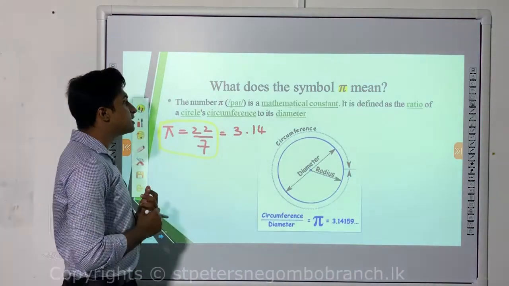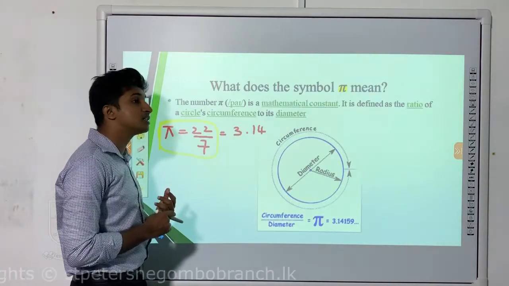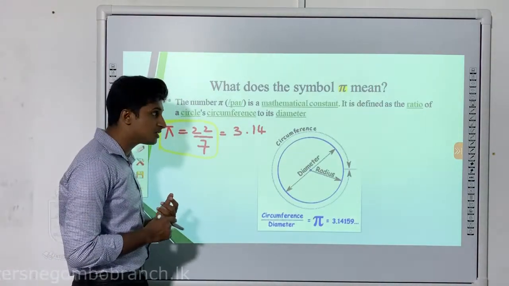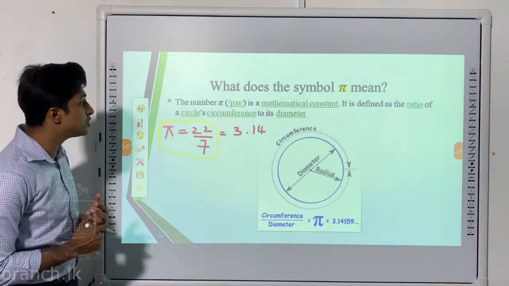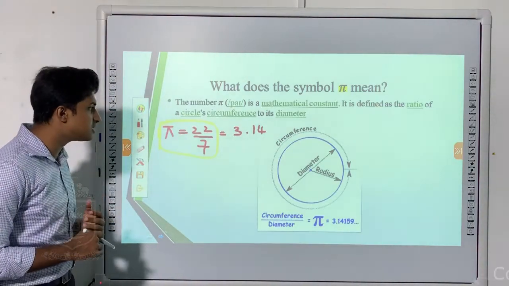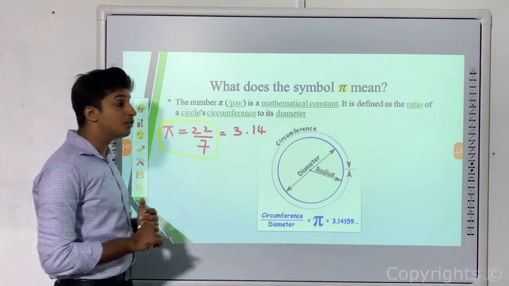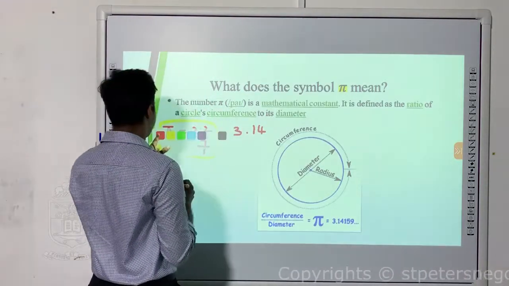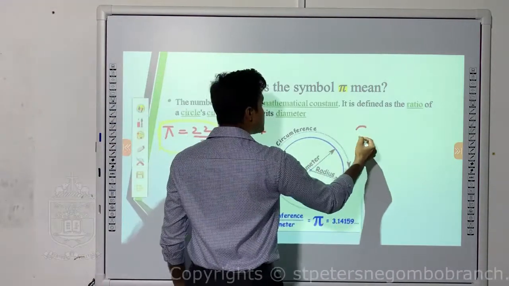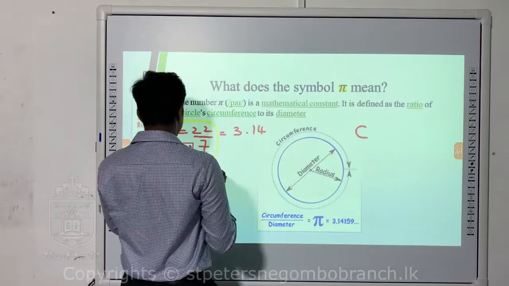The number pi is a mathematical constant, that is, it's a fixed value, it won't change. It is defined as the ratio of a circle's circumference to its diameter.